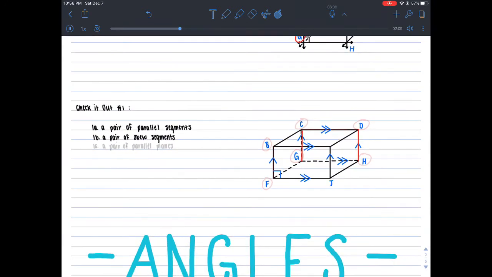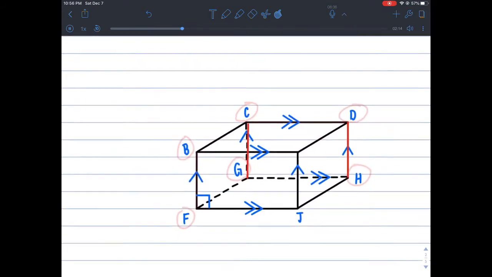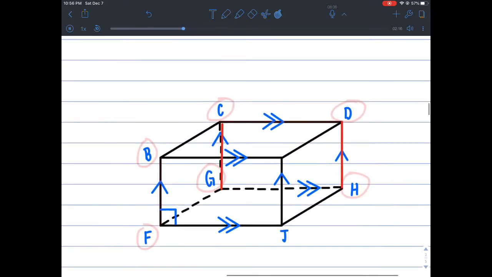Number 2, a pair of skewed segments. On the diagram I have drawn out, a pair of skewed segments is going to look something like this. Segment CD is going to be skewed to segment BF.